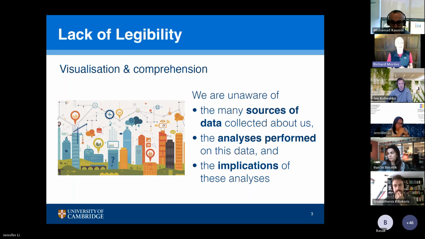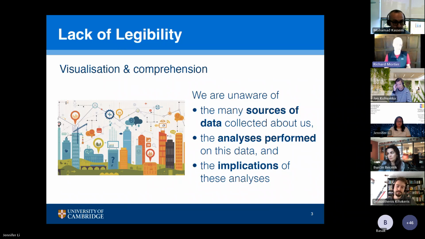So ideally you would want in such a system, the individual people who are data subjects to be able to see and understand what the data sources are that are being collected about them, and what the analyses are that are being performed on those data, and then indeed what the implications of those analyses might be. So what effects could they be having in the world? At the moment, the system is extremely opaque. It can be very difficult to understand what data is collected. It's usually proprietary.